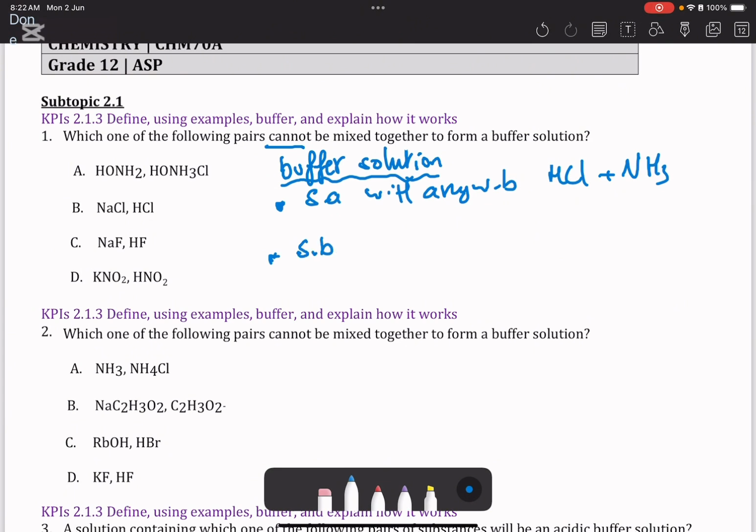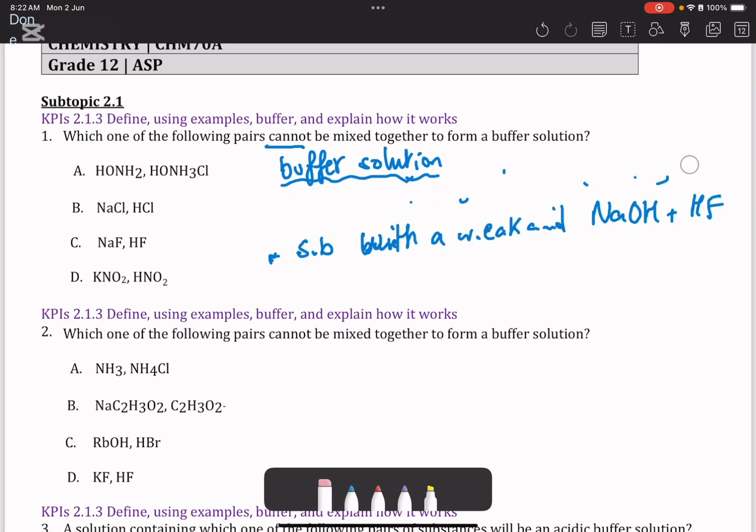Or mix a strong base with a weak acid, like for example NaOH and HF. So these are the ways to form a buffer.